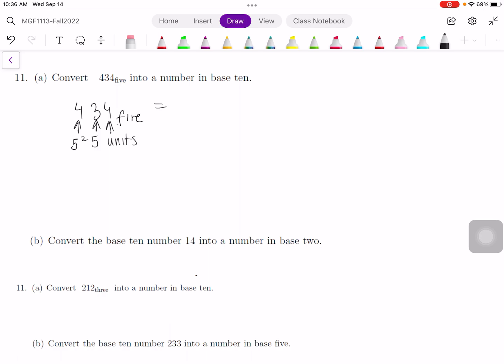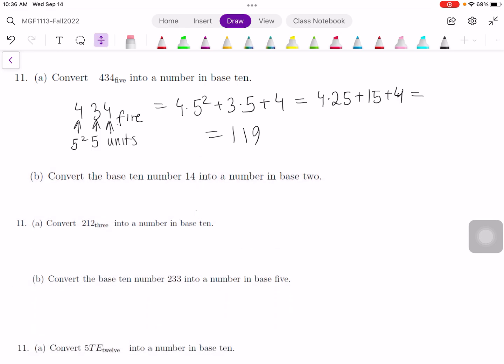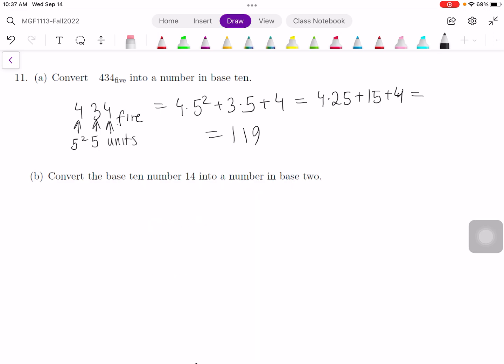That means we have 4 times 5 squared, 3 times 5, and 4 units. And that's it; once you calculate it, you're going to get the answer. So here it will be 100 plus 15 plus 4, 119, right? So that number is the same as 119 in our system, in the system using base 10.